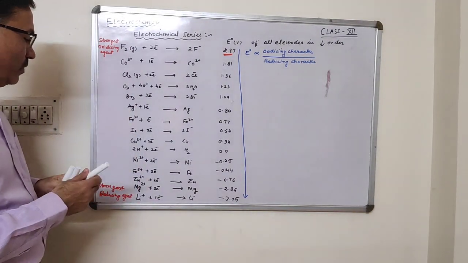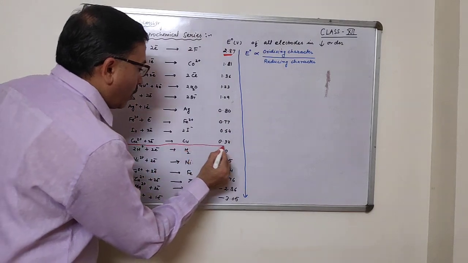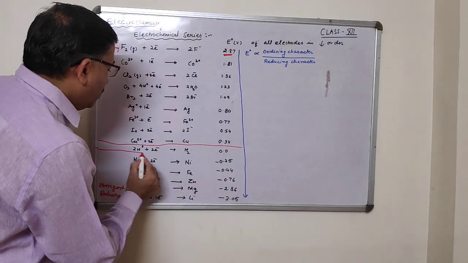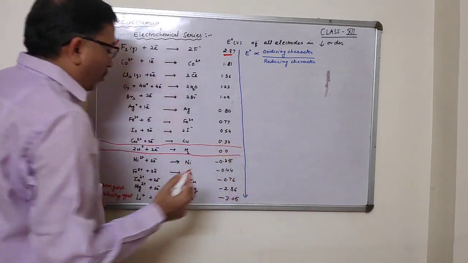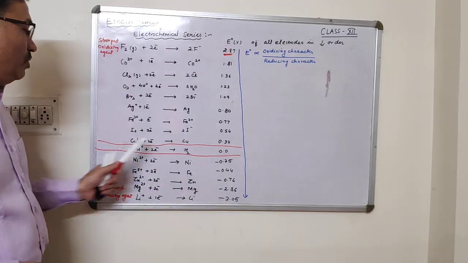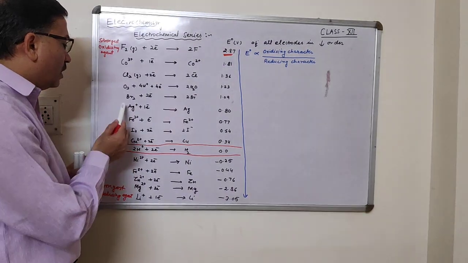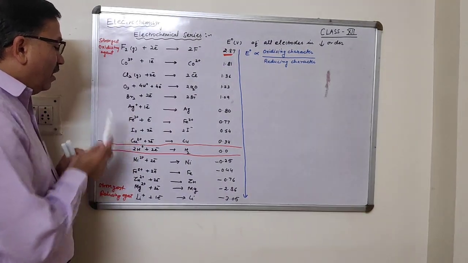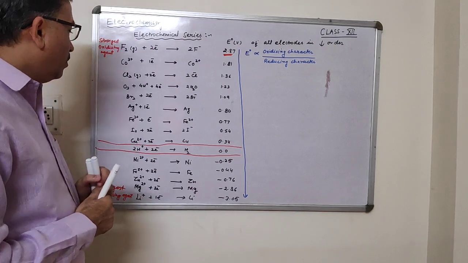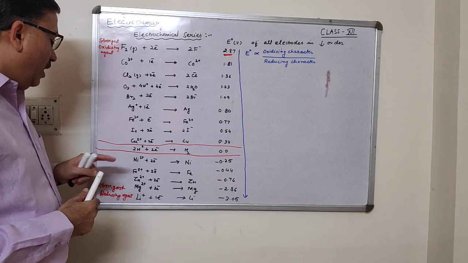Now in this table, if you see hydrogen, when you connect one standard hydrogen electrode with another standard hydrogen electrode, there will be no deflection. E naught is 0. Now you can compare: copper and silver are less reactive than hydrogen, meaning they are more oxidizing as compared to hydrogen.